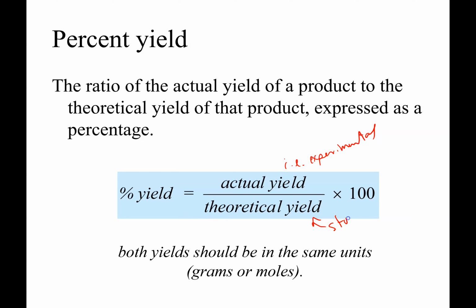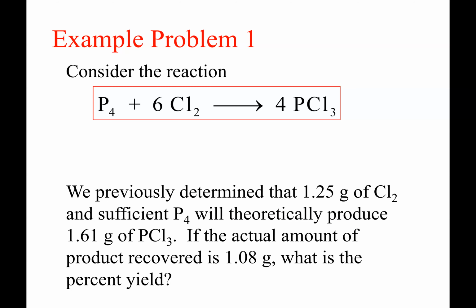That's from a stoichiometric calculation. That's it. So when you see this problem on the test, remember how that works. So to get it parts per 100, we're going to go ahead and multiply by 100. Notice, like it says in italics down here, that the units of grams of product you actually got divided by grams of product you thought you should get, those units cancel, and so this makes it what we call unitless.